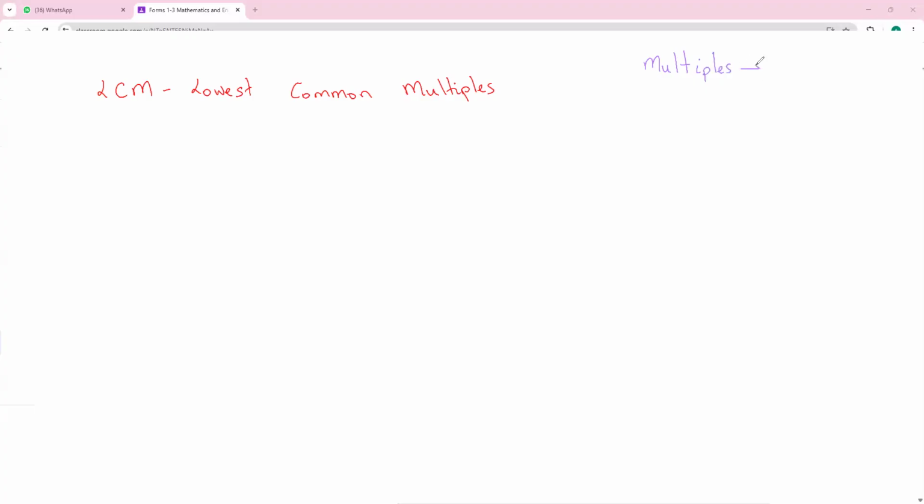Multiples, think multiplying, and when you're multiplying, think timetables. So you think of your times table.